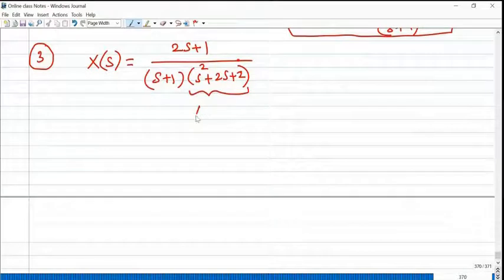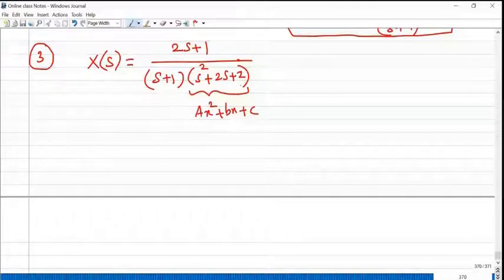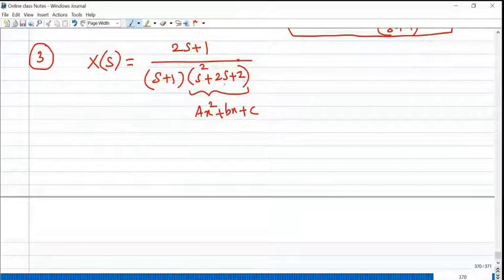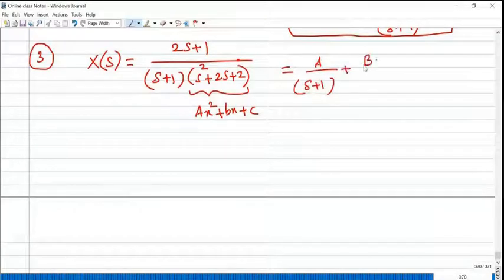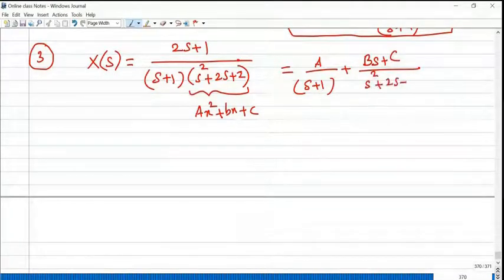Whenever in the denominator you are getting as² + bs + c which is not able to factorize, suppose the multiplication of two numbers must be 2 but the addition of two numbers must be 2, there are no such factors available. So how to do the partial fraction for this kind of problem? A / (s + 1) + (Bs + C) / (s² + 2s + 2).